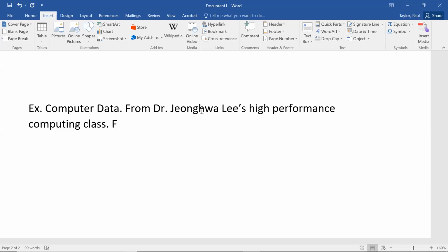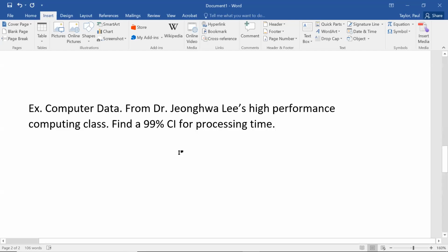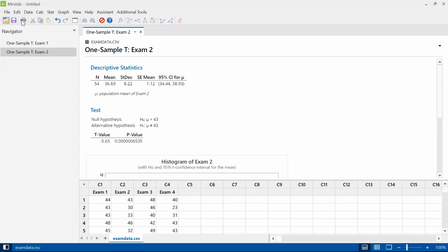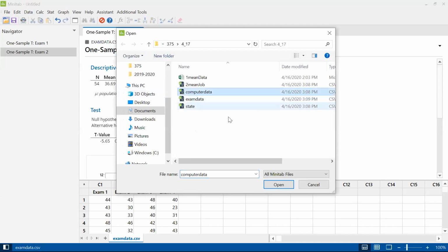So we're going to find a 99% confidence interval for processing time in this second data file. Let's flip over to the menu tab and upload our second data file. So open the computer data comma separated value file.